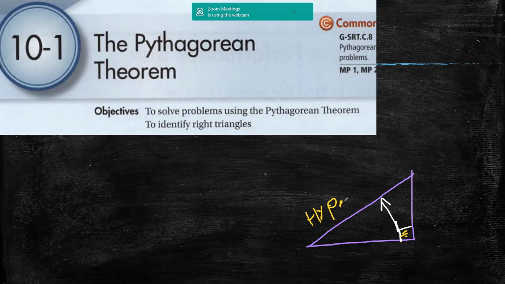We talked about this in geometry. And this will be a leg, and this will be a leg. So the side that is opposite to the right angle in a right triangle will be the hypotenuse, as we said before in geometry.